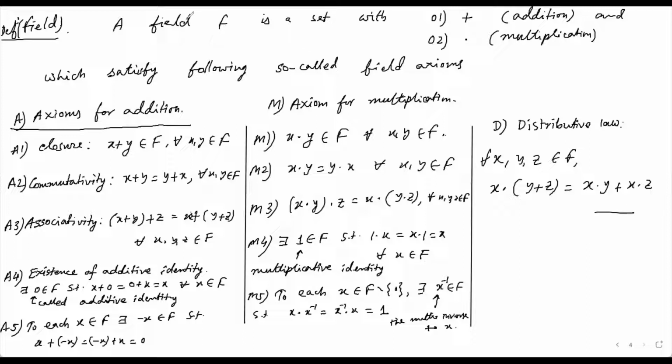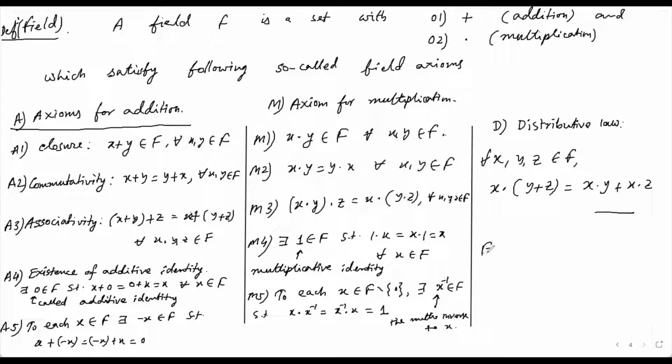So a field F is a set with two operations, plus, that is addition, and dot, that is multiplication. Addition satisfies these five axioms, and multiplication also satisfies these five axioms, and multiplication is distributive over addition.